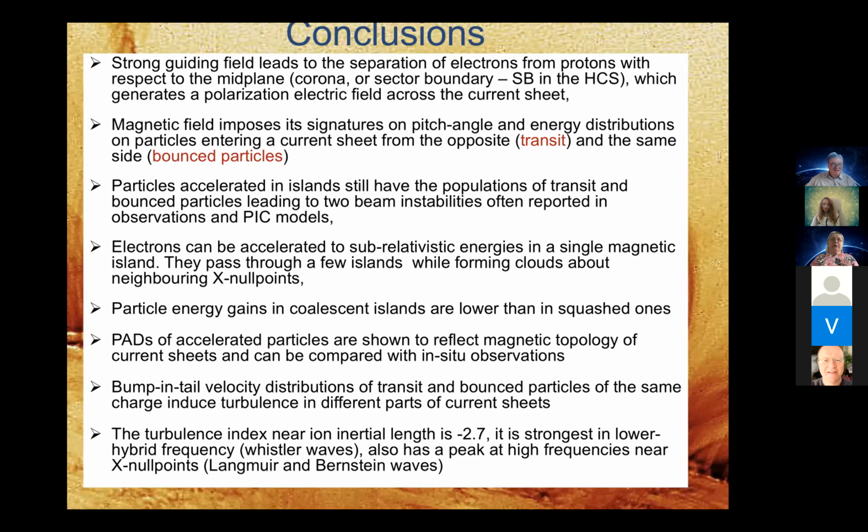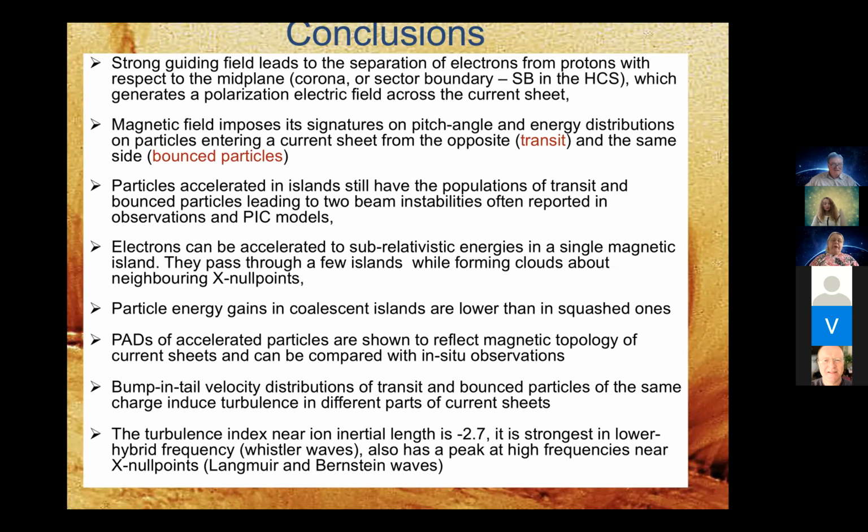You can get them from summary effect anywhere, but from pitch angle distribution, we can see where the transiting and bouncing particles come from and how particles can be accelerated. We can evaluate whether the particles came through coalescent islands or squashed islands and evaluate from their paths which part of the island they came through.